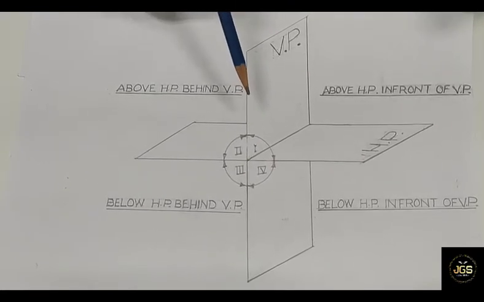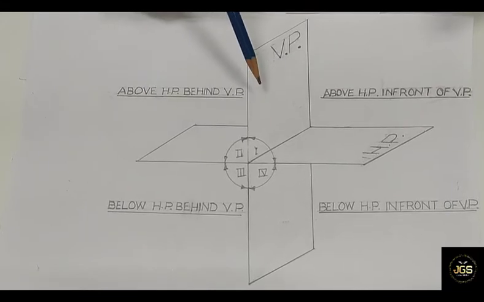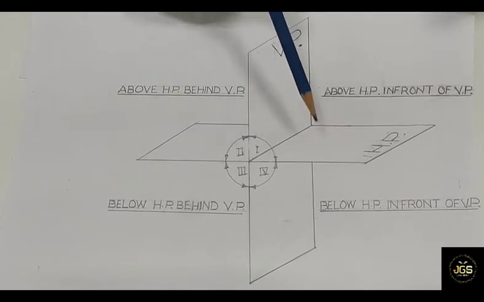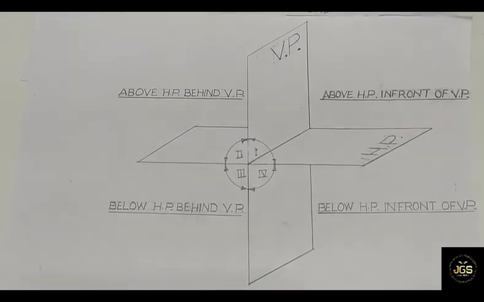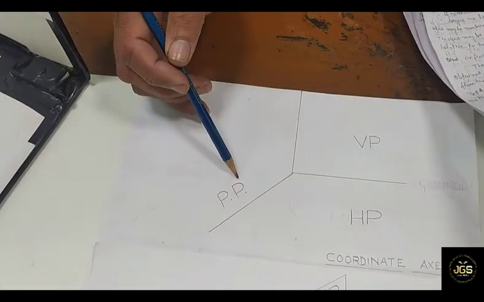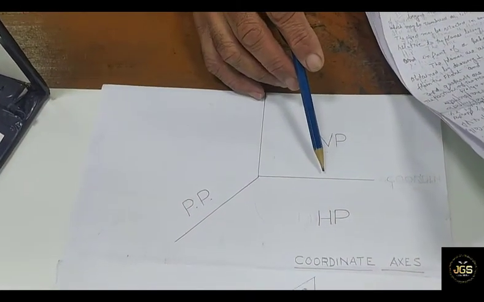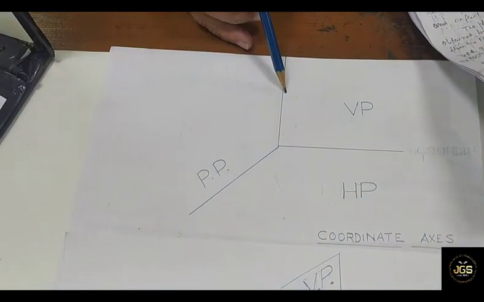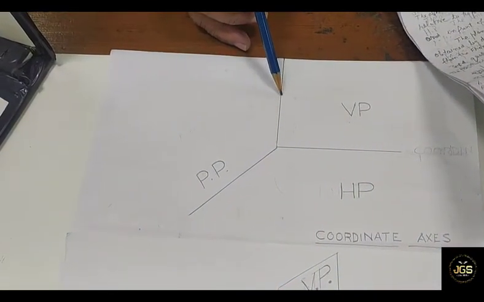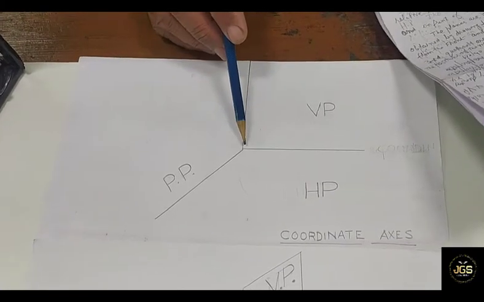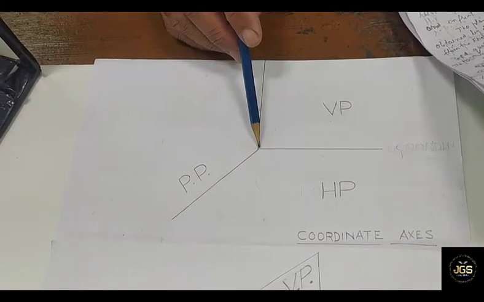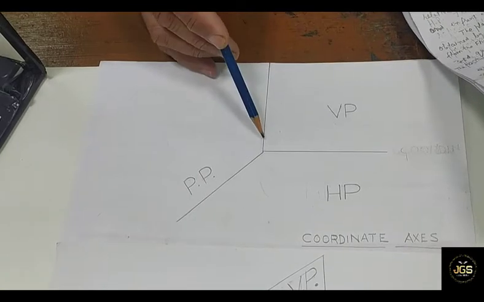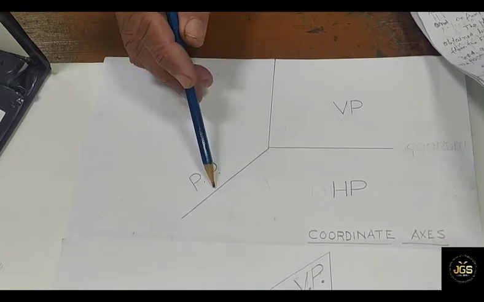The lines of intersection of these 3 planes, means horizontal plane, vertical plane and profile plane, are called coordinate axes. You can see over here, as in mathematics, this is your x-axis, this is y-axis, this is z-axis.